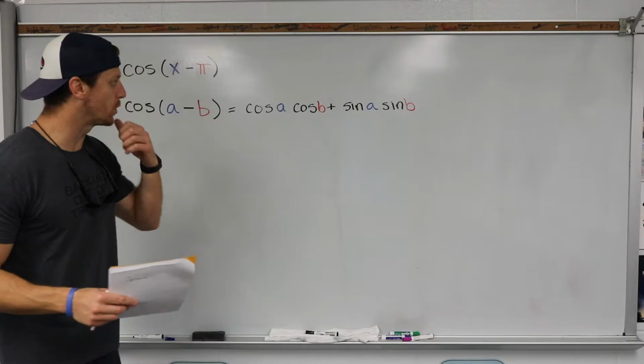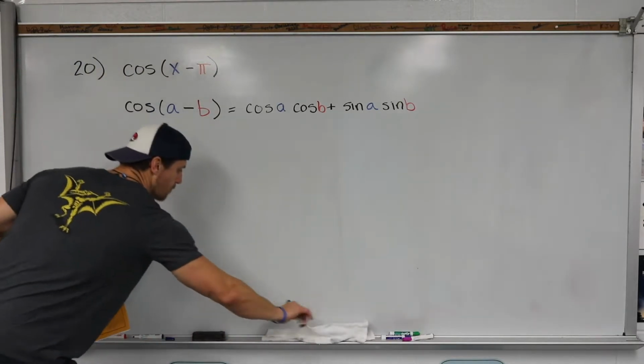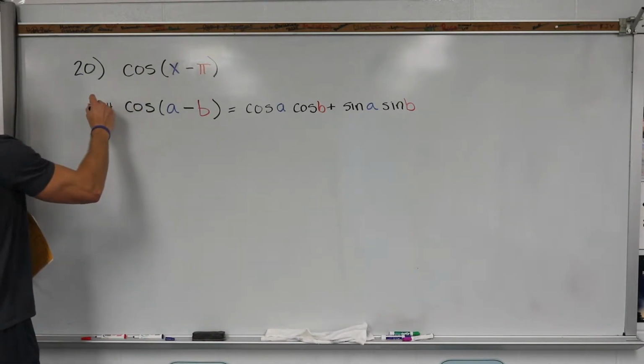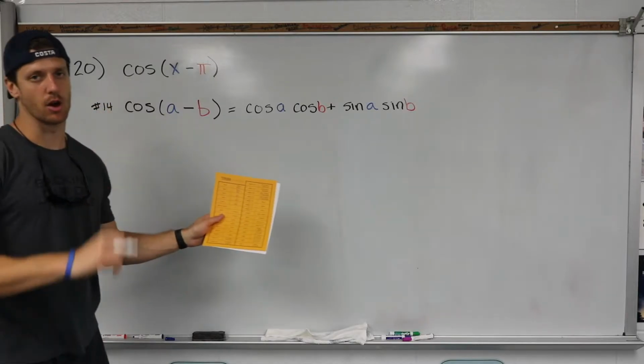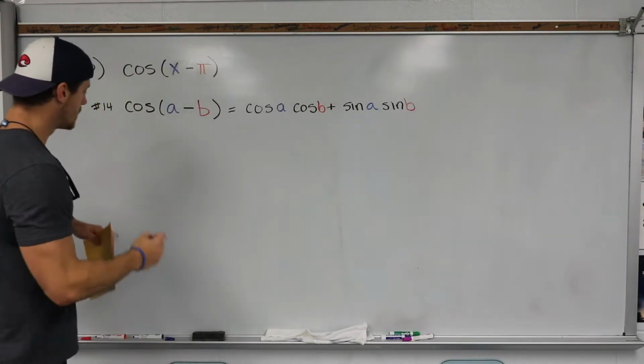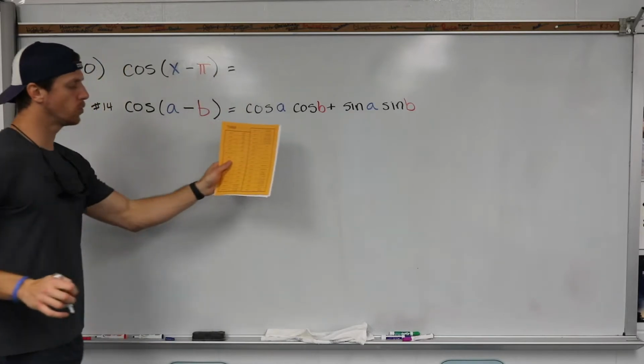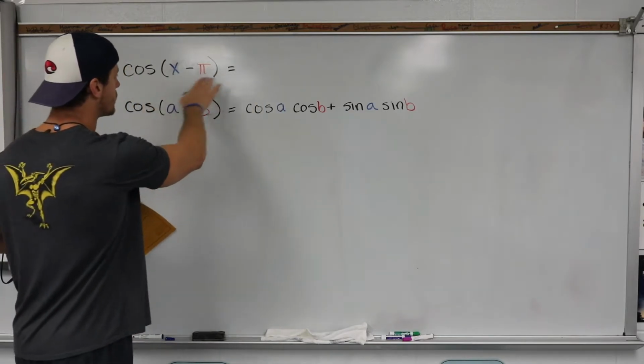That's the identity that I'm going to use. This is number 14 on your identity sheet that I gave y'all, okay? So if you lost yours, you have it in a gold sheet. Awesome. All right, so let's expand this out.